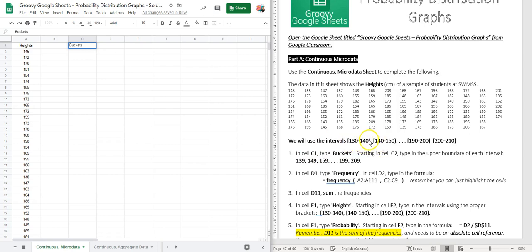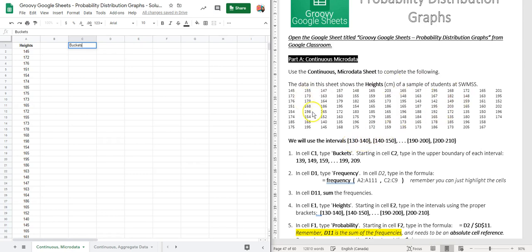If this was the square bracket on the right side, then you could type in 140, 150, 160. But since it is the round bracket and we don't actually want to include 140, then for the upper boundary of each interval you would do 139, 149. So that's going to be showing everything that's basically between 130 to 139.